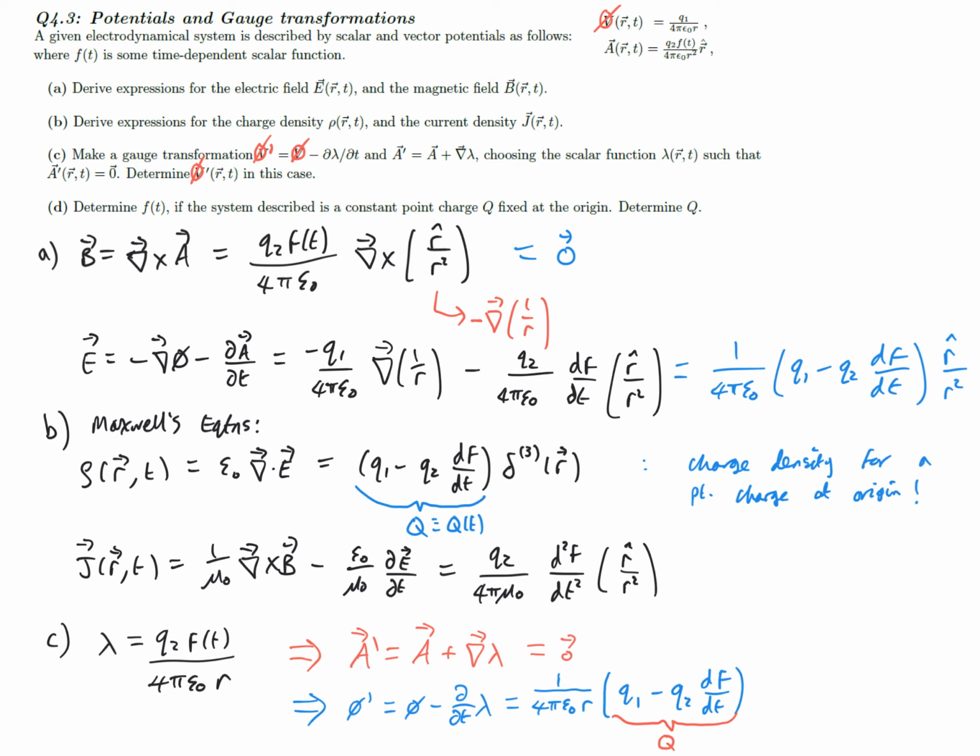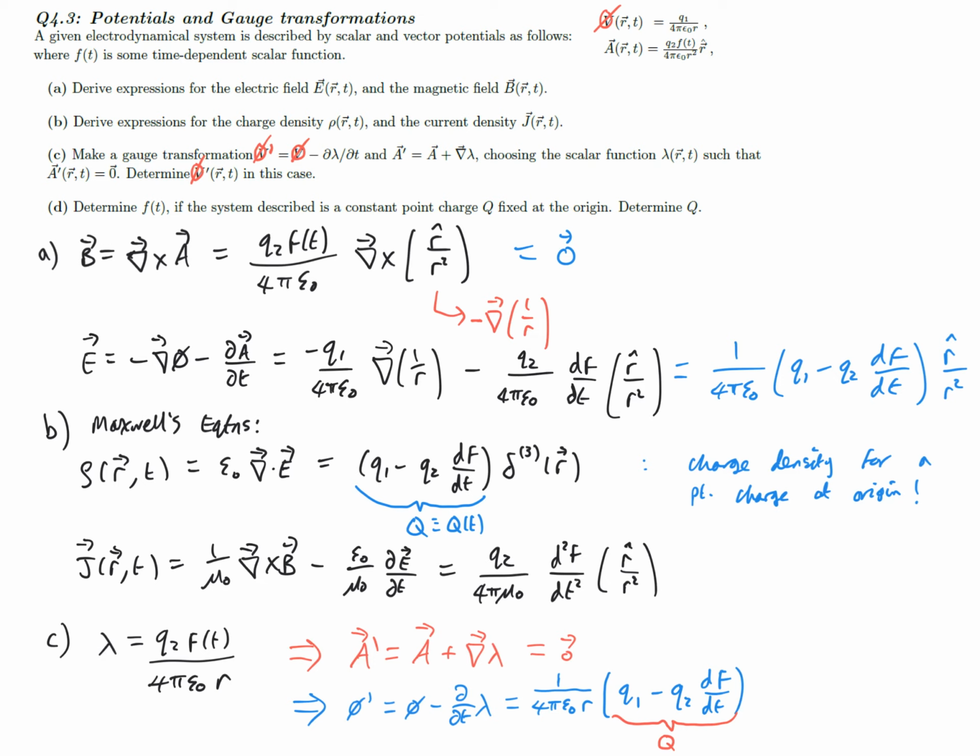So we see that the definition of what ends up in the vector potential and what ends up in the scalar potential is a question of the gauge choice. We can either split it up between A and phi in a particular way, or we can split it up between A primed and phi primed in a different way. And in this particular way, as described, we have zero vector potential and simply a time-dependent scalar potential. It looks like a time-dependent point charge electric potential sitting at the origin.